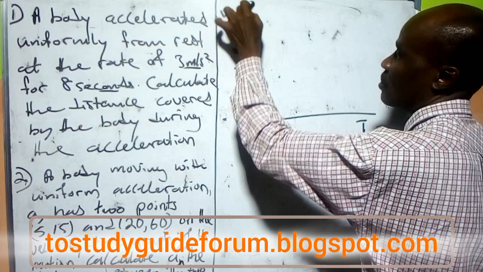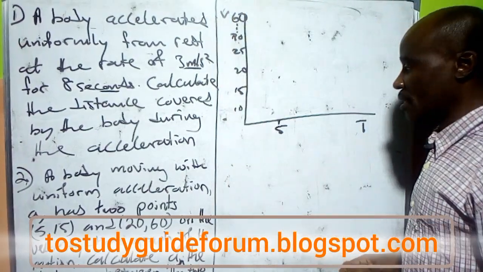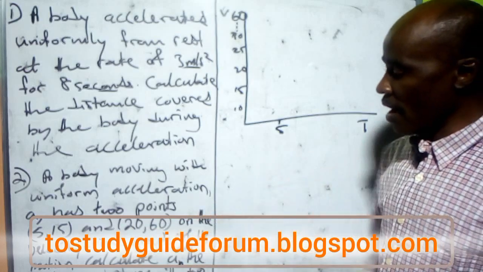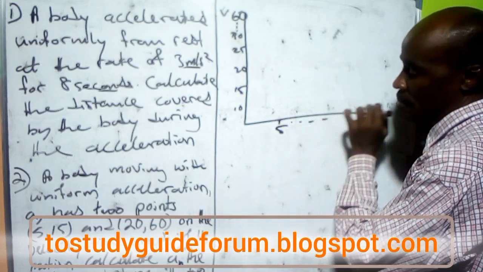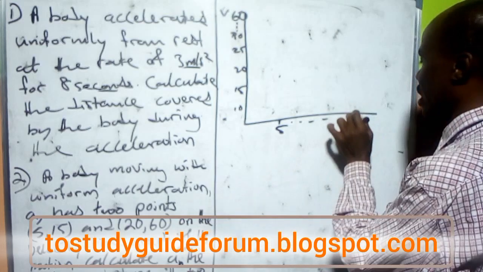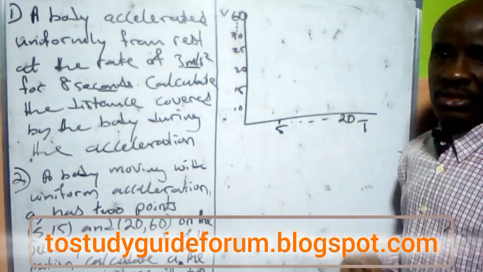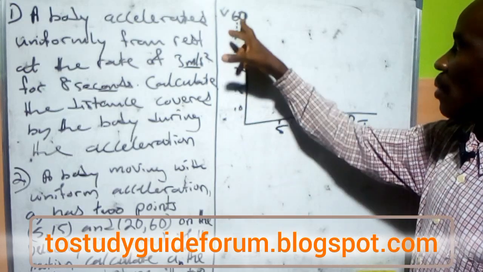We just get it down to 60, and so on and so forth, so that we'll be able to get our work done. So here again we have 5, then we get to 20, while the next one here in the velocity we have 60.